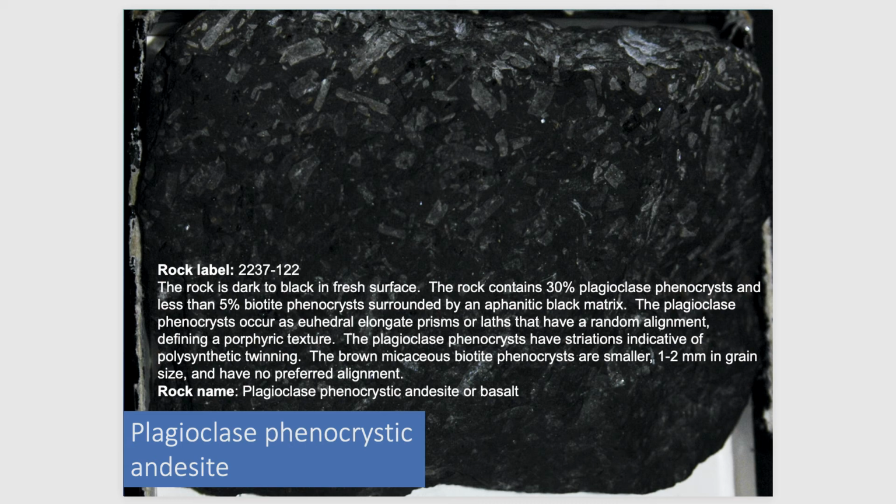So it's really crowded. We have many phenocrysts of plagioclase with different orientations. And yes, there is also the fact that this rock is in a matrix that is really dark. So we have a microcrystalline matrix which will be dominated by plagioclase, but also really abundant pyroxene as well.